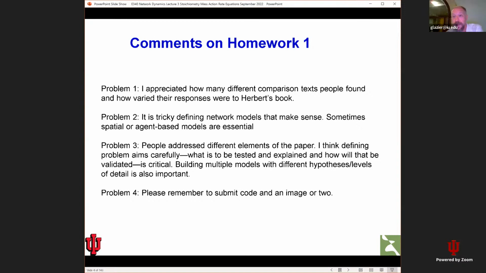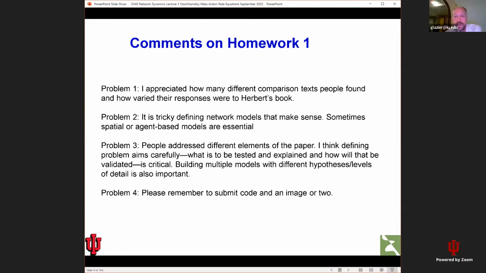Maybe not, maybe it felt hard. This question of what is something that's interesting that you can model as a network is challenging. And I think the reason I assigned the problem was really to try to help people begin to challenge themselves and begin to refine their understanding of how you build a network model. And so I think everyone came up with a very interesting example.